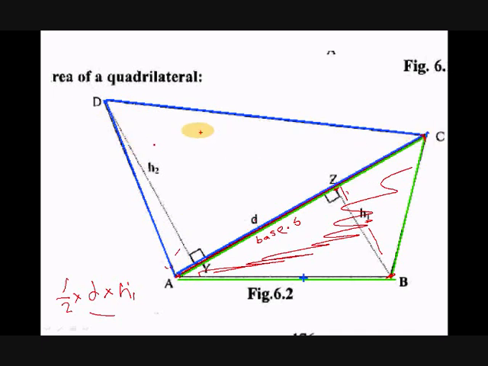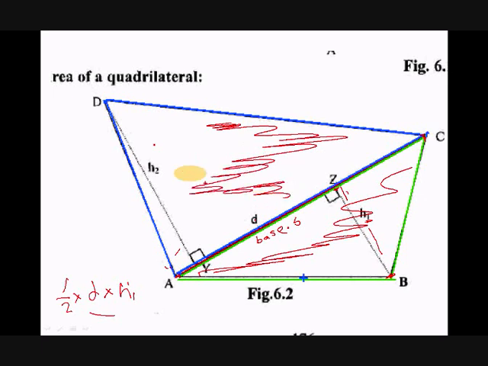In this area, ADC, how is the area calculated? It can be calculated by half into base into height. The base is AC once again. This time you have to remember the height is D, right? So we have to find the height by drawing a perpendicular, and we call it H2.